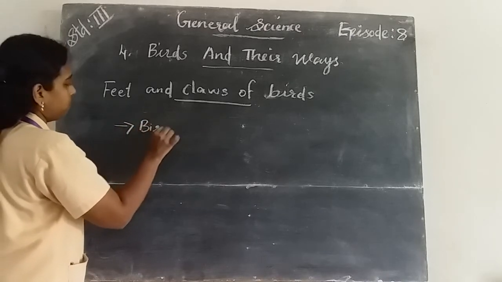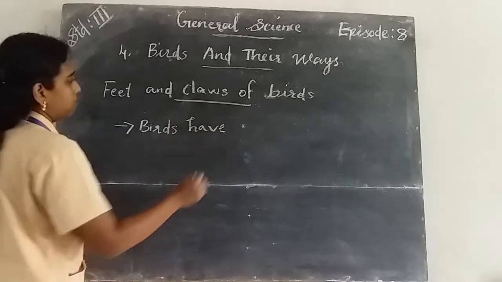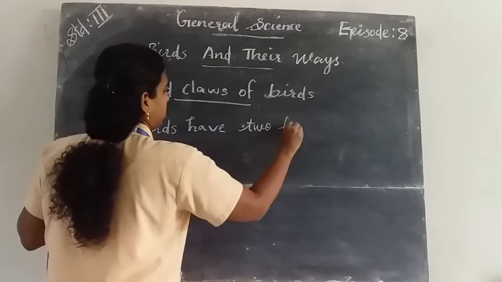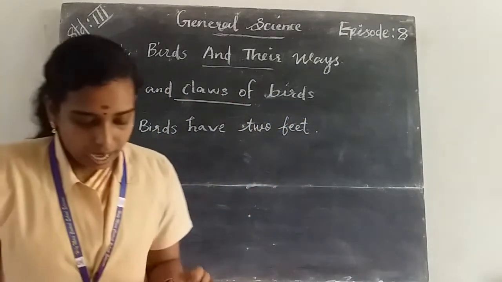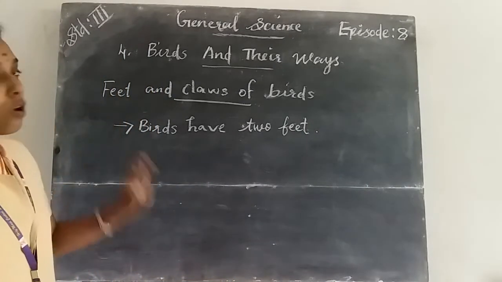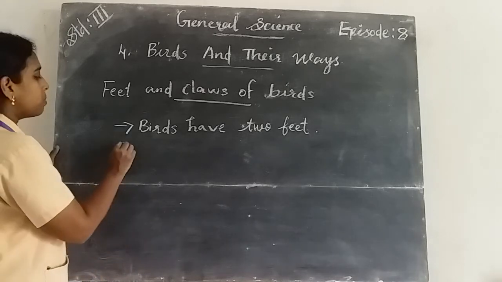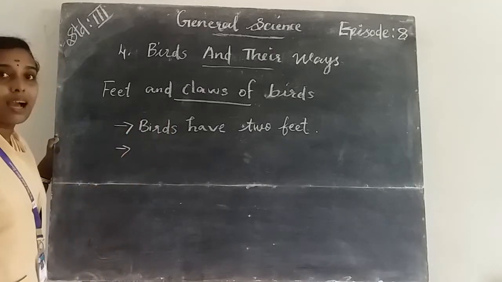Birds have 2 feet, and most of the birds have 4 toes on each foot. Toes means കാൽവിരലുകൾ.